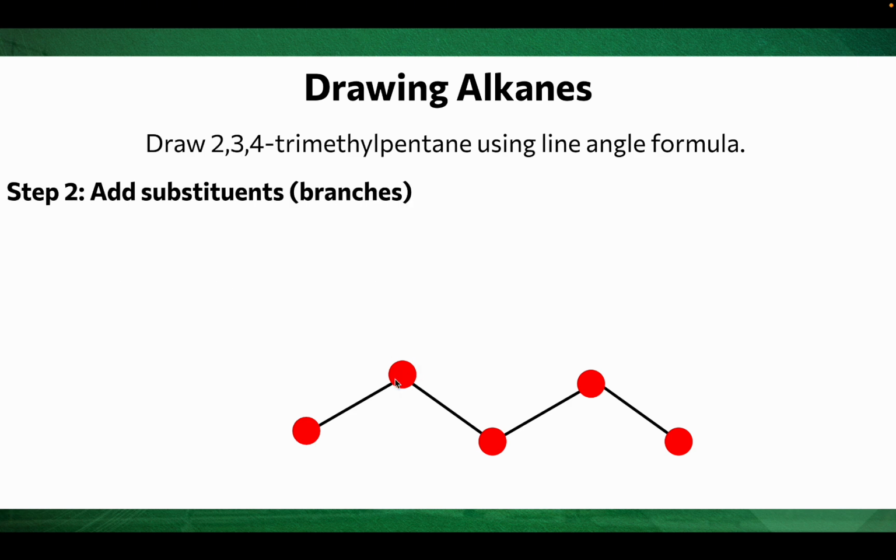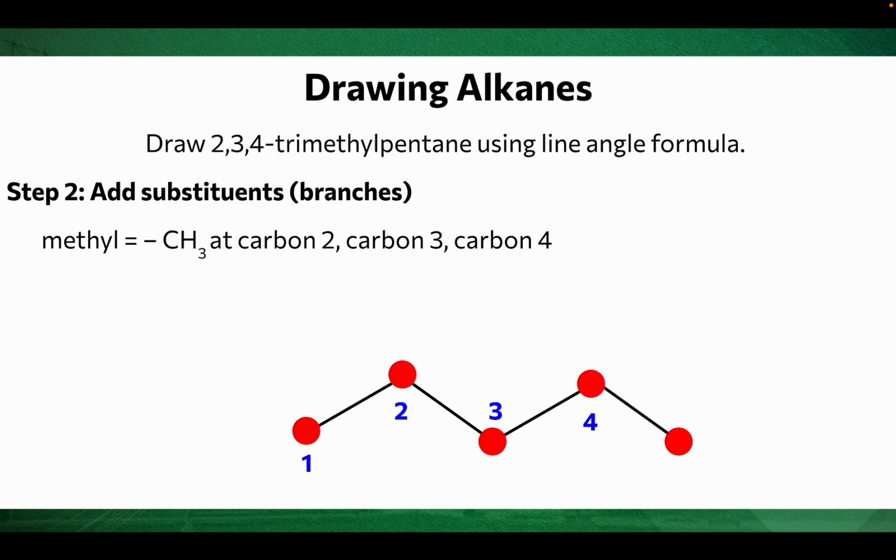Next, you add substituents or the branches. It says here you have 2,3,4-trimethyl. So meaning you have a methyl group, CH3, at carbon number 2, 3, and carbon number 4. So 1, 2, 3, 4, 5. So you put 1 methyl at 3, 1 methyl at 4.